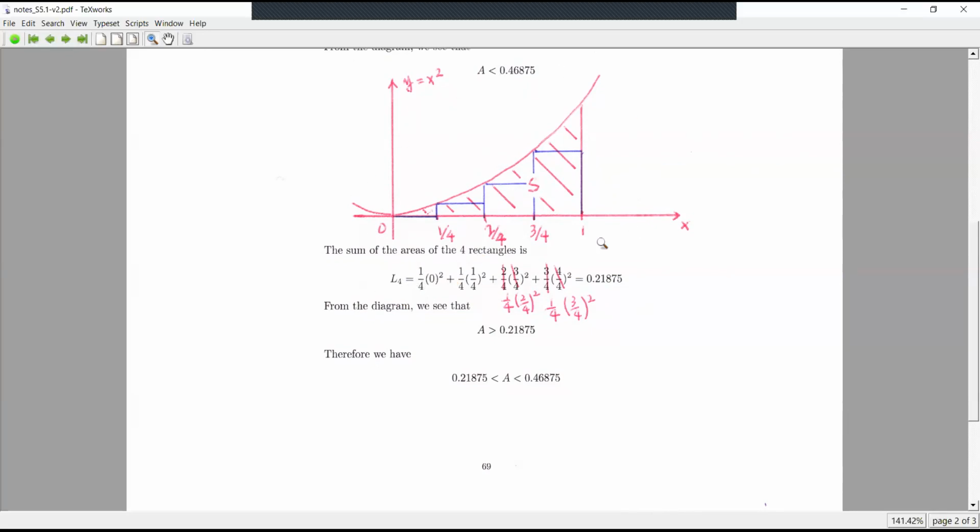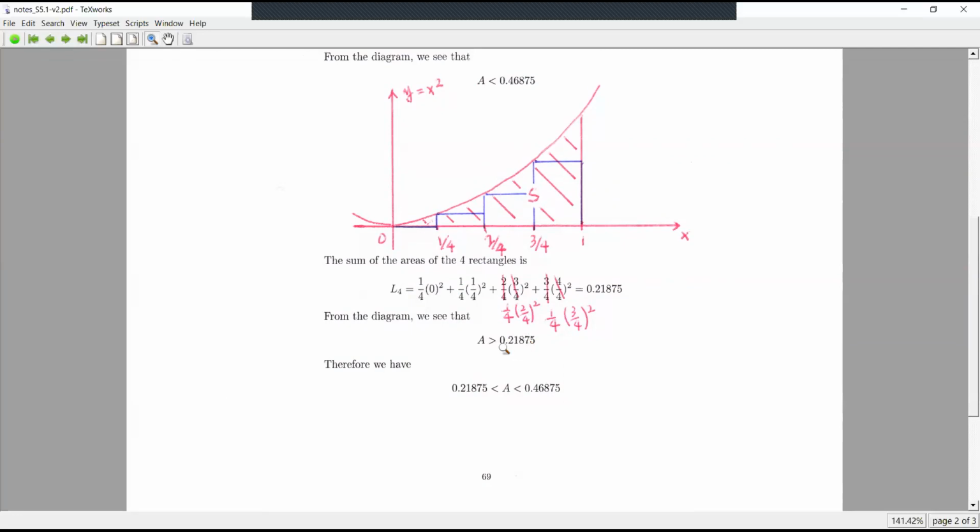From this diagram, the region S clearly lies above the 4 rectangles. Therefore, area of the region A is greater than the sum of the areas of these 4 rectangles. That means A is greater than this number.